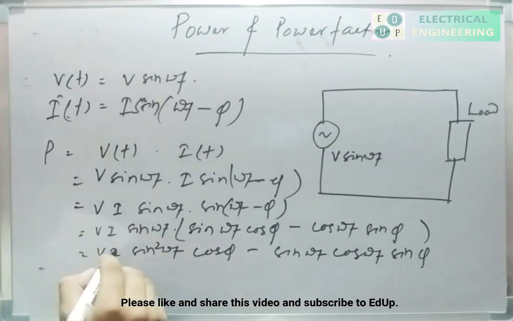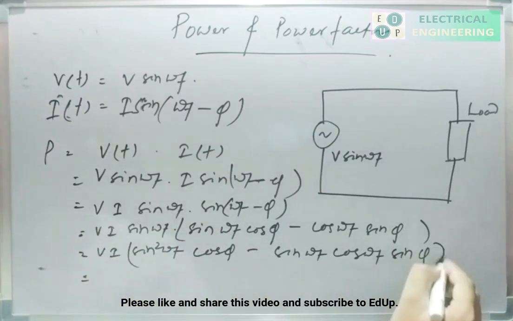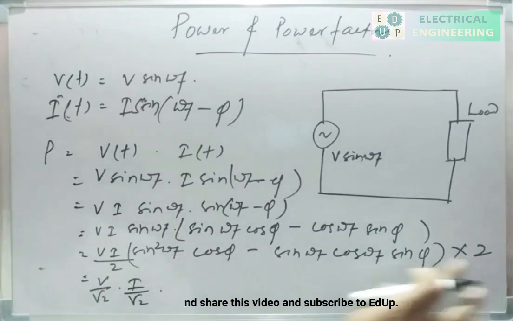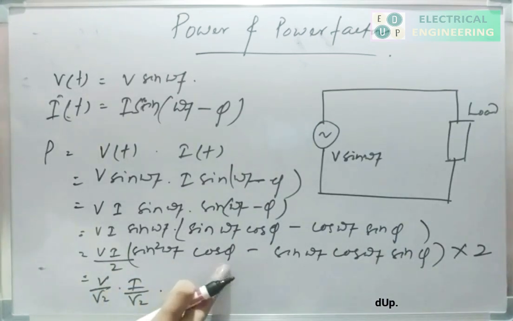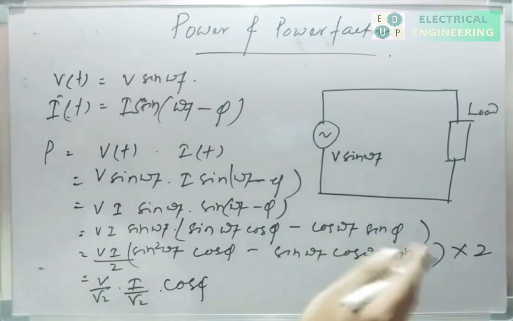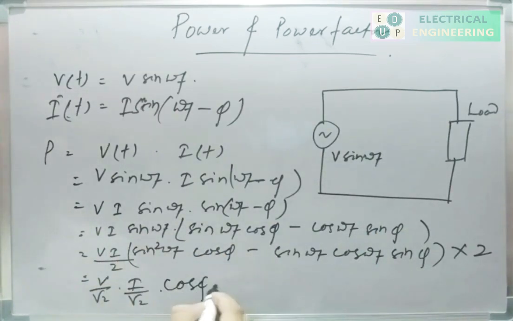Now I'll multiply by 2 and divide by 2. I can write it as V by root 2 into I by root 2, into 2 sin square omega t cos phi. In place of 2 sin square omega t, I will write 1 minus cos 2 omega t.